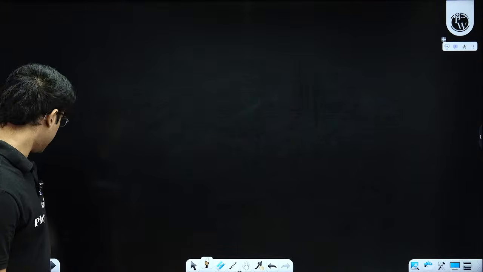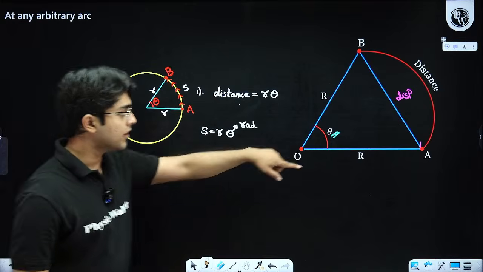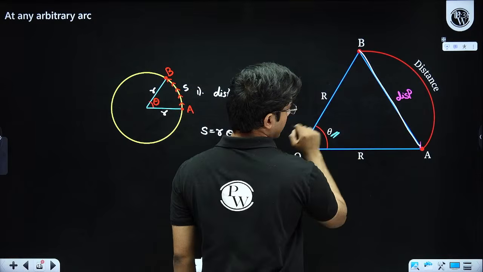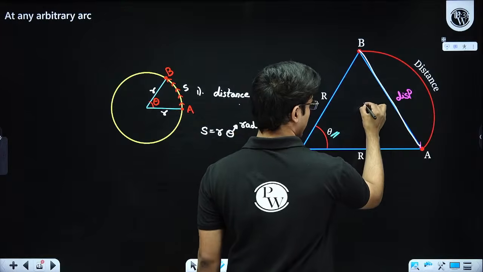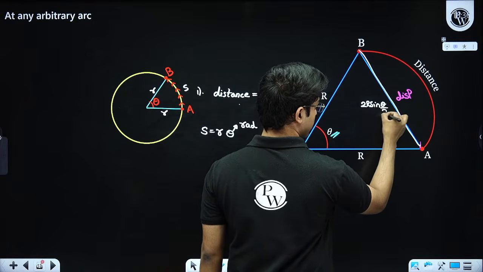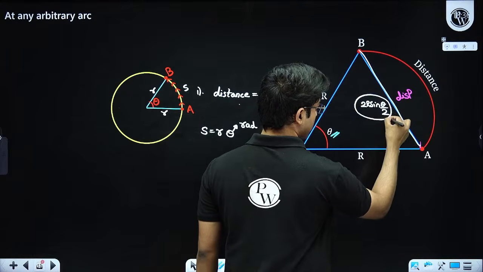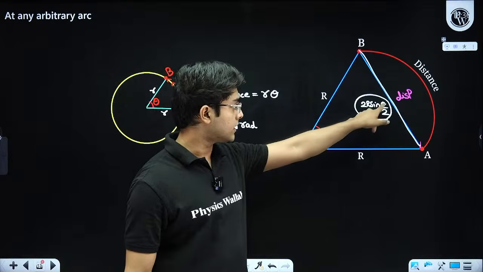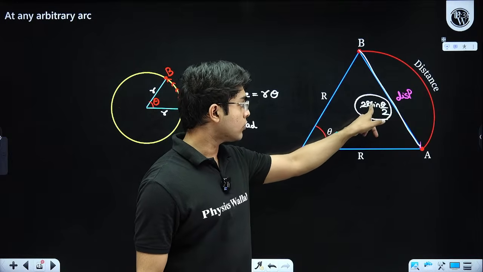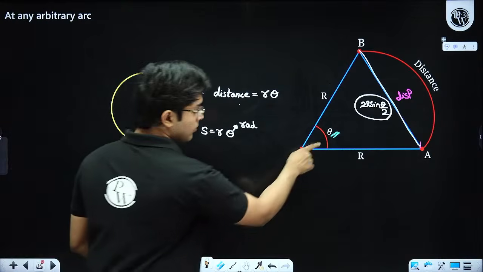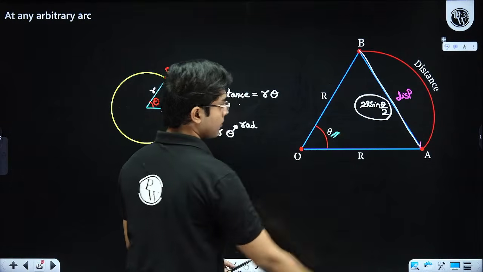So in this triangle, in this motion, this side length is the displacement and this side length is actually 2r sine theta by 2, okay. This we had to prove using some geometry. So if it's 60 degrees, you will put 60 here, so it will be 2 into r into sine 30, right? So if it's 60 degrees, it will be r basically.